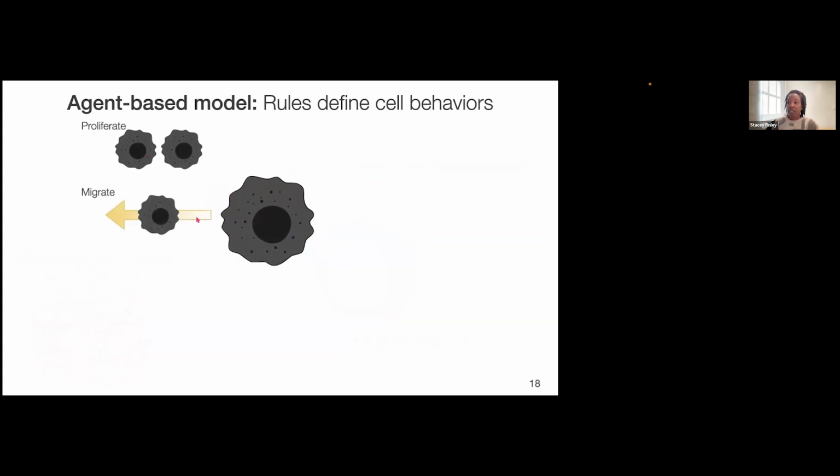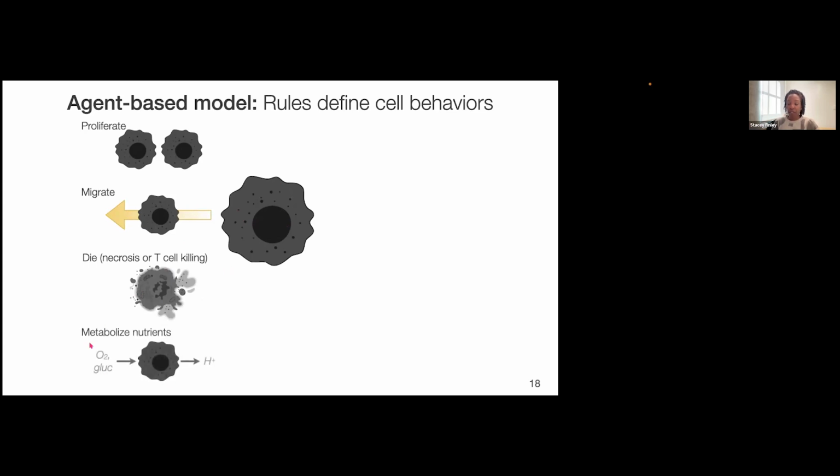We have a rule that says the cell might migrate towards another cell, for example, in response to secretion of a cytokine or some other biochemical diffusible signal. We have rules that say a cell can die. Maybe a tumor cell can die because it's being killed by a T cell, or maybe it can die because it doesn't have sufficient nutrients, so die due to necrosis.